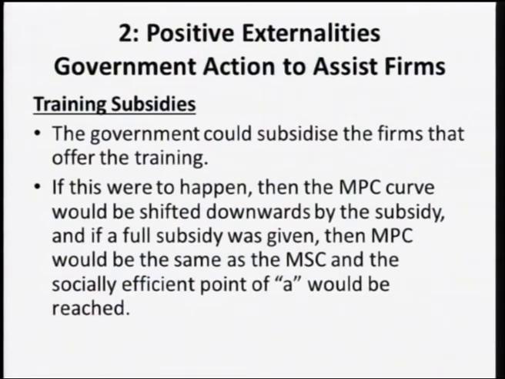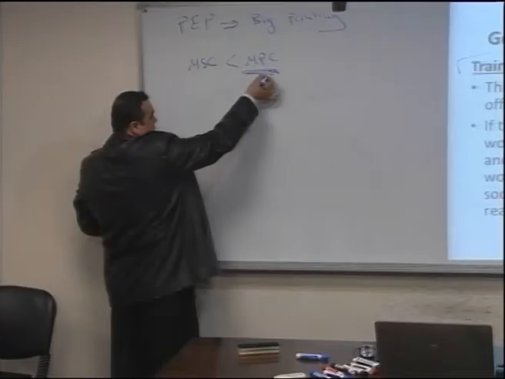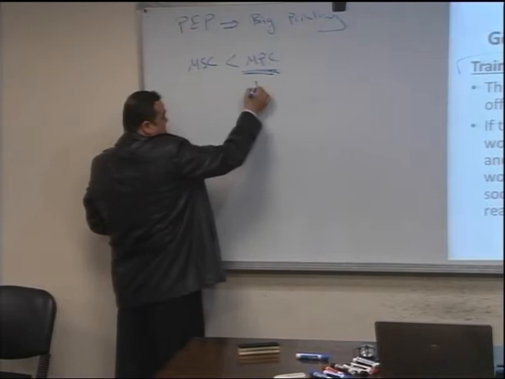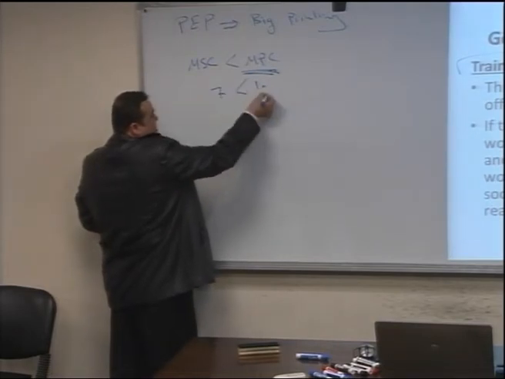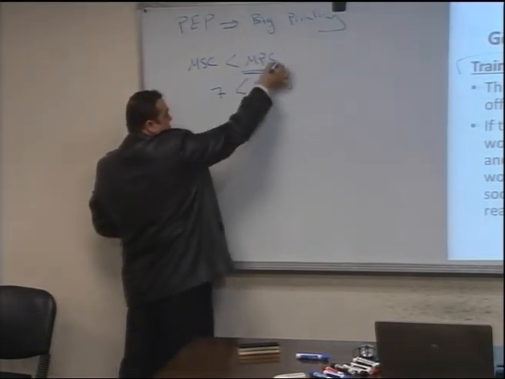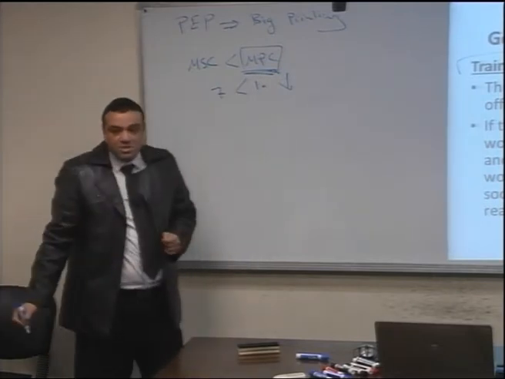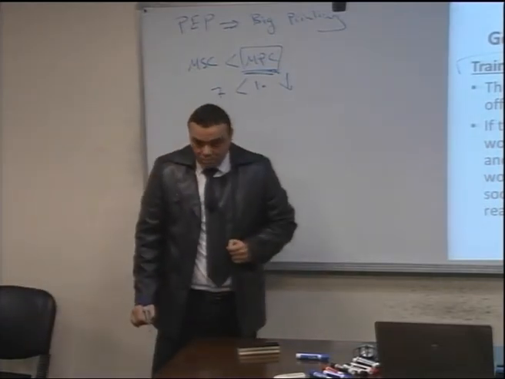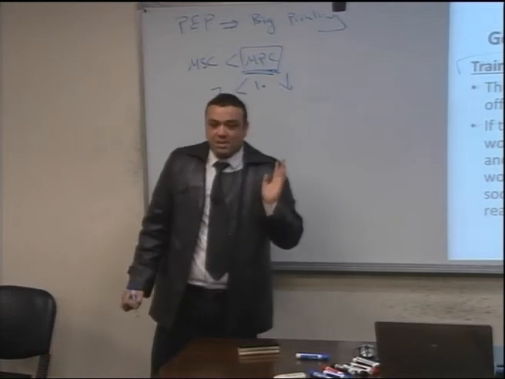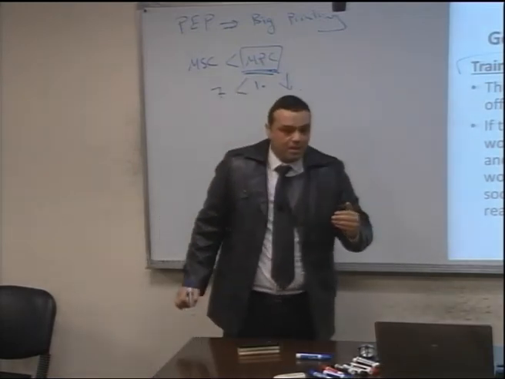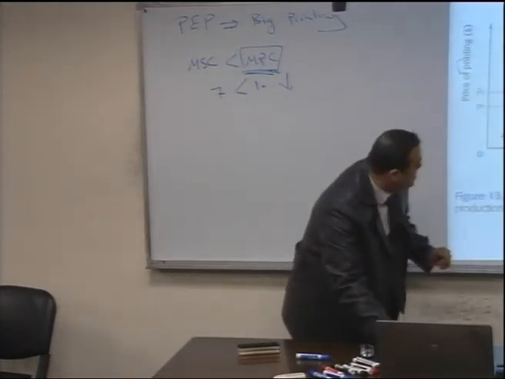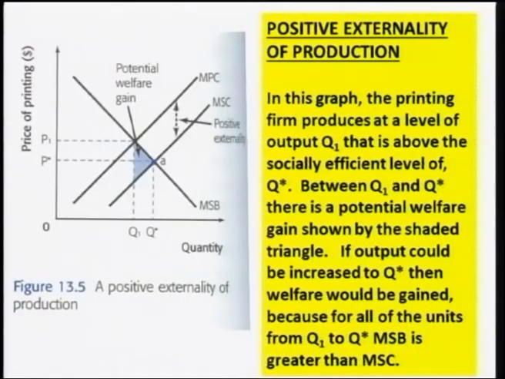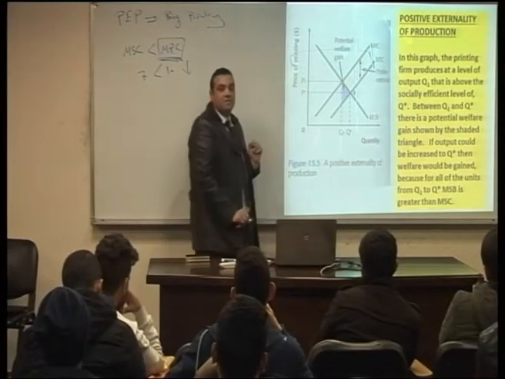So we will try to make the marginal private cost, let us assume this is 10, which is bigger than 7. We have to decrease the marginal private cost for the large firm by providing them with subsidies. By the subsidy, the marginal private cost will shift down.